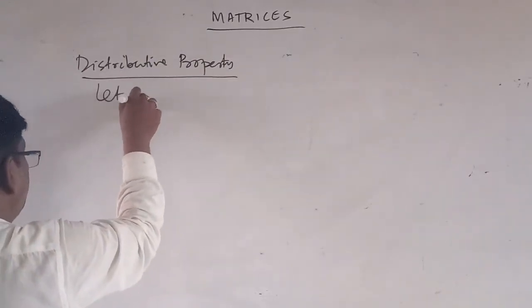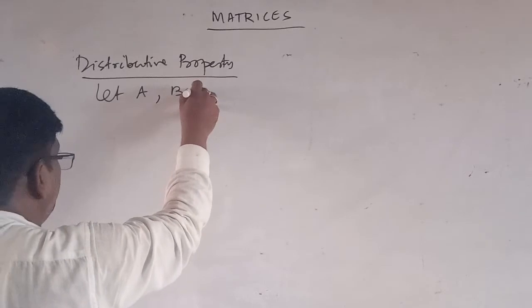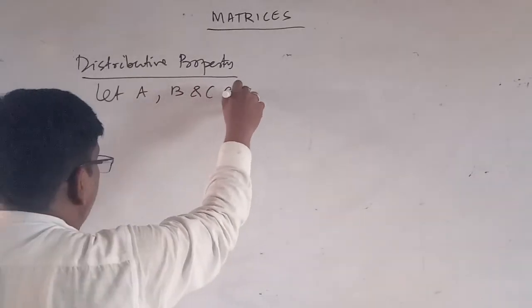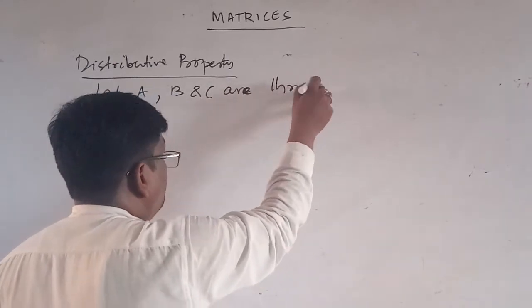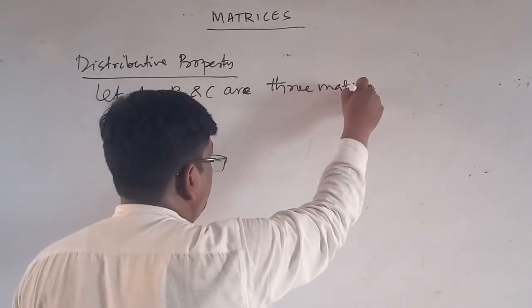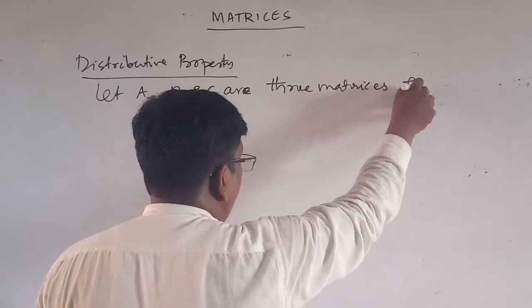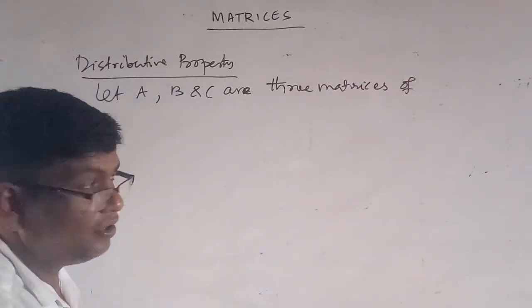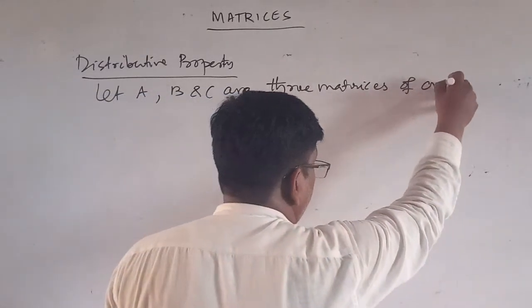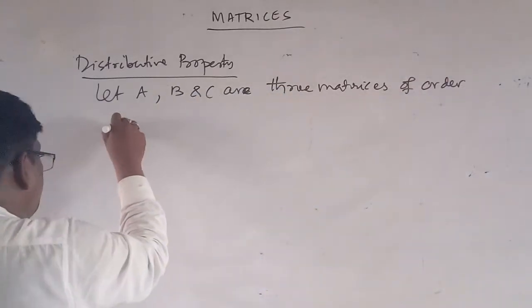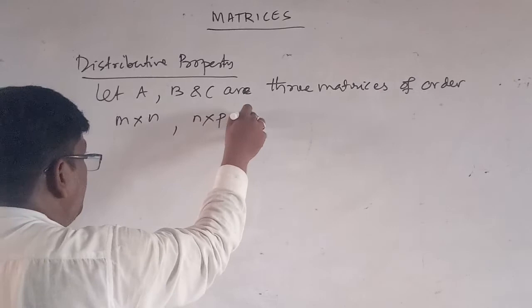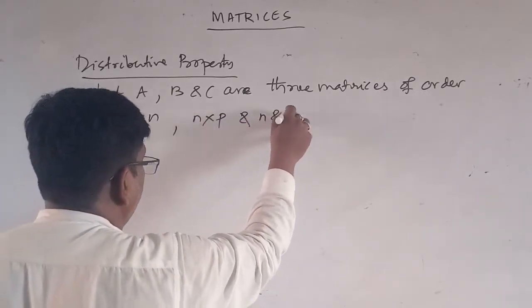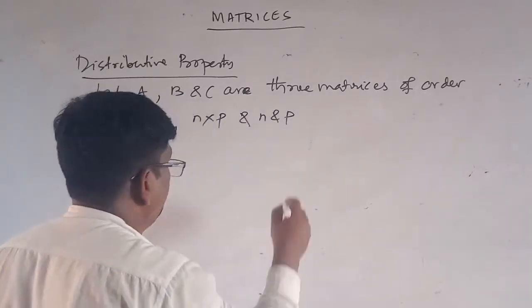Let A, B, and C be three matrices of order M by N, N by P, and N by P respectively.